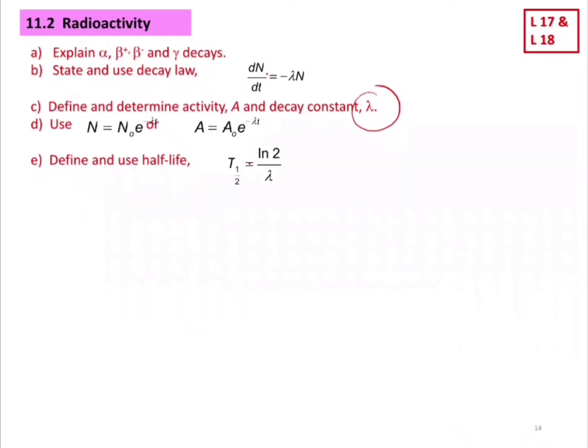Use N equal to N0 exponent negative lambda t, or A equal to A0 exponent negative lambda t. And the last one, define and use half-life. Half-life equal to ln 2 over lambda. So what is half-life? We look at this after this.